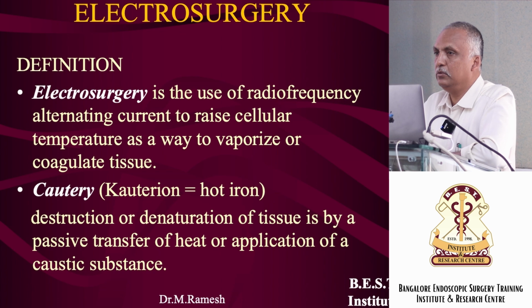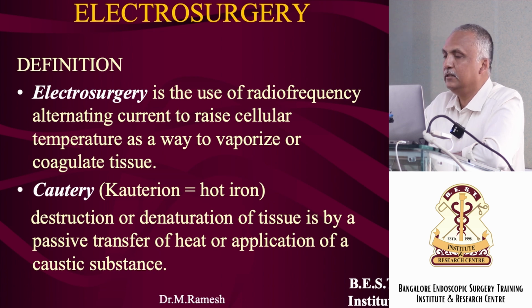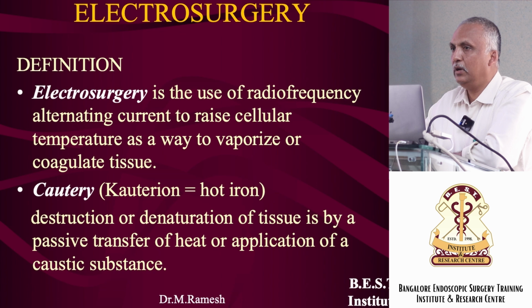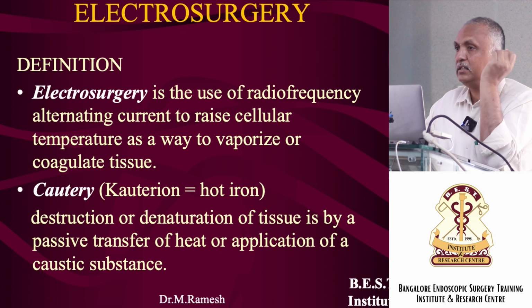So we normally use silver nitrate sticks to burn granulation tissue. We use copper sulfate crystals to cauterize granulation tissue. That is cautery. When you have a wart, a dermatologist takes a red hot iron loop and then he burns the wart, and that is cautery.